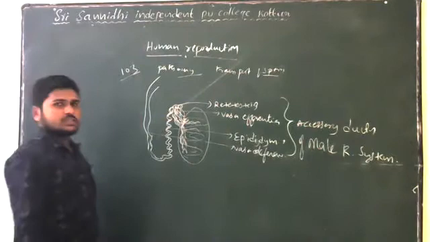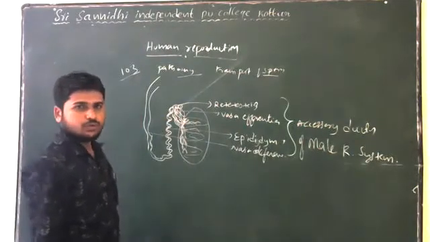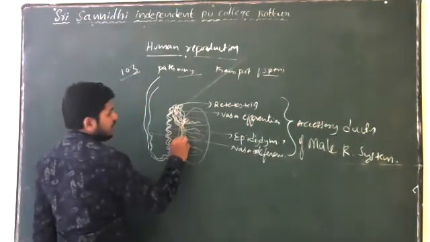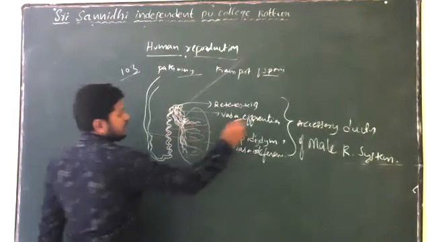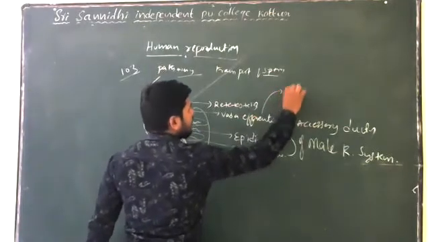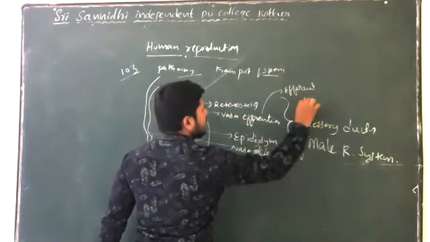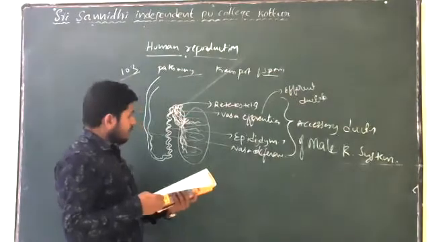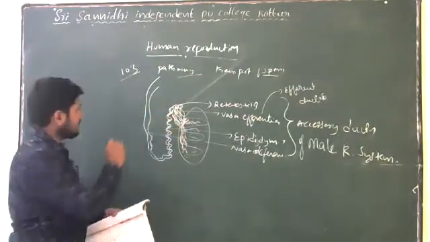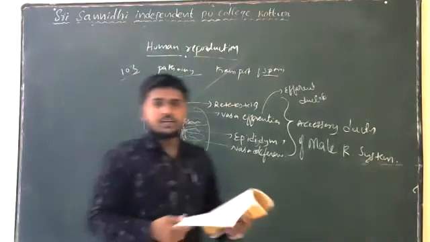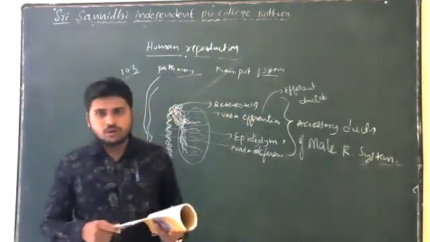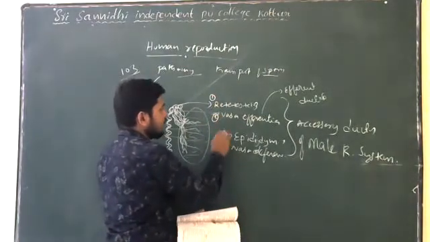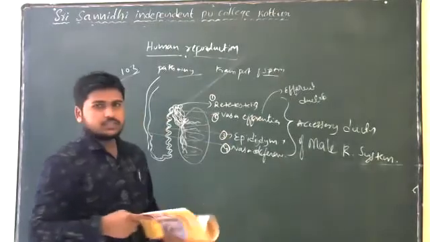So once the sperm produced in the seminiferous tubule is transported, the pathway is rete testis to vasa efferentia, also called efferent ductules, then epididymis and vas deferens. So the correct pathway of transport of the sperm is rete testis, vasa efferentia, epididymis, and vas deferens.